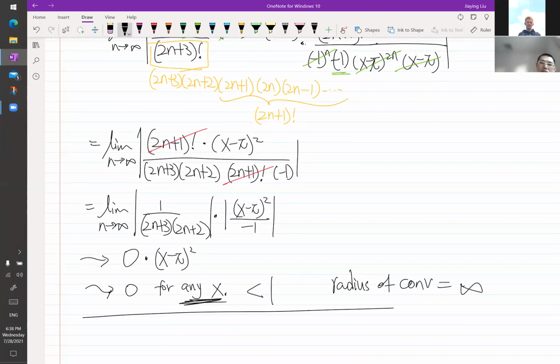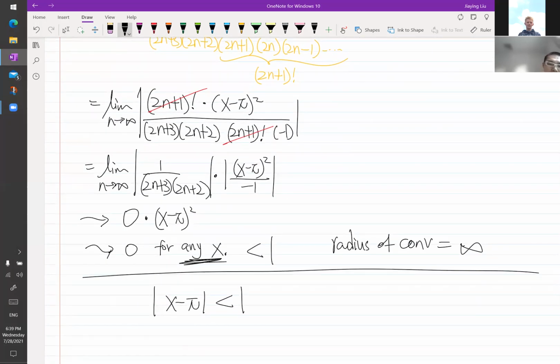If you don't have this, let's say you did everything correctly and at the end you have |x minus pi| squared as a limit. I'm not going to put a square there because that might complicate the problem. Let's just say you have x minus pi at the end as a limit. How do we find the radius of convergence? We just set it less than 1.